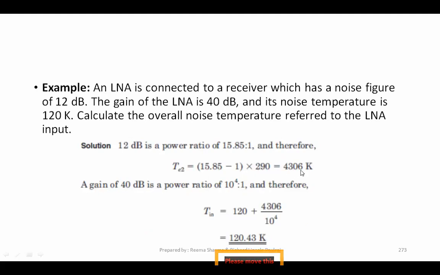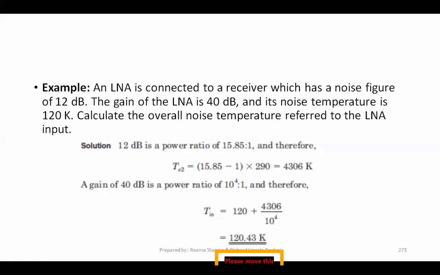So totally we are getting about 4,306 Kelvin. Then we have to consider the gain. So the total temperature is going to be 120 plus this 4306 divided by 10 raised to 4.